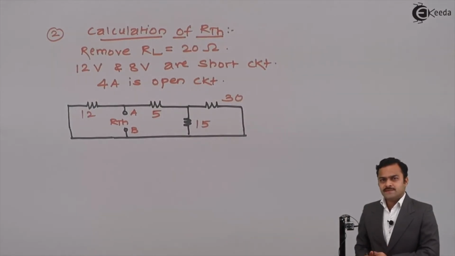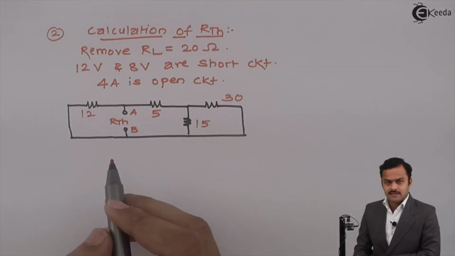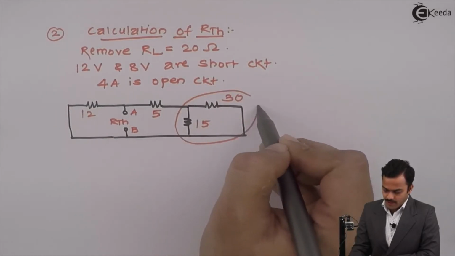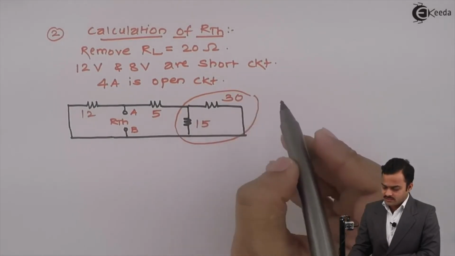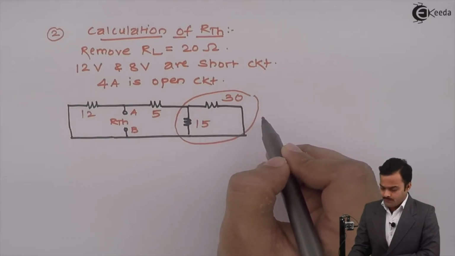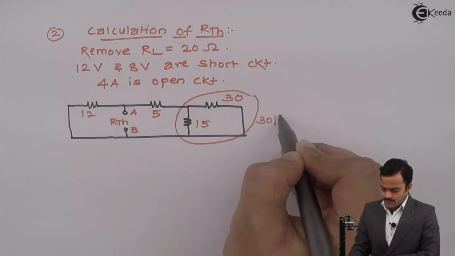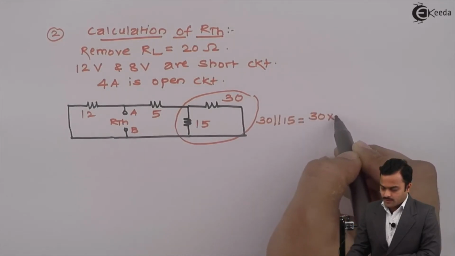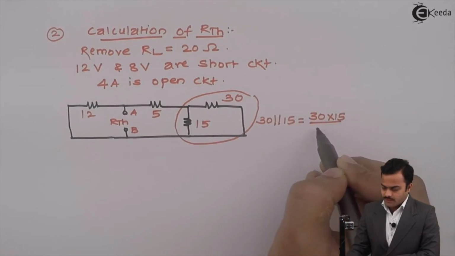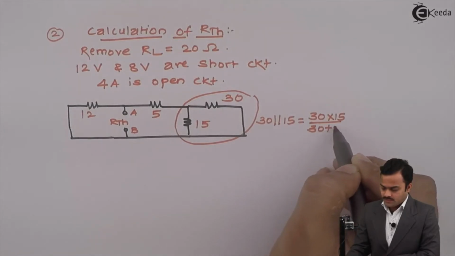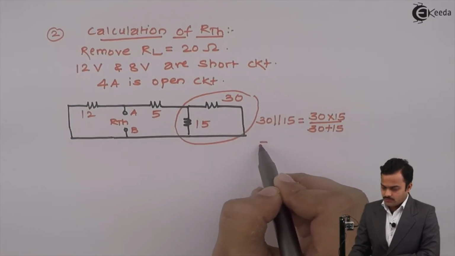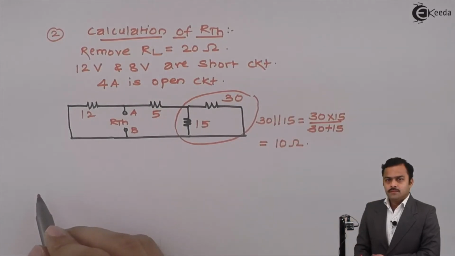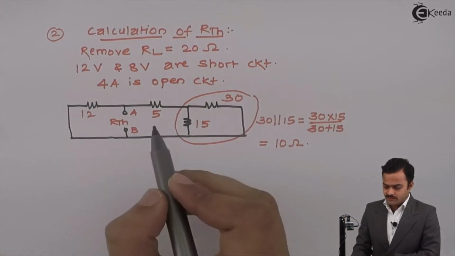We have to use series parallel connections and get an answer. Here it's obvious 15 and 30 are in parallel because those two resistors are forming a loop. So 30 parallel 15, you will get 30 multiplied by 15 divided by 30 plus 15. So the answer you will get is 10 ohm. Now this 10 ohm will come in series with this 5.